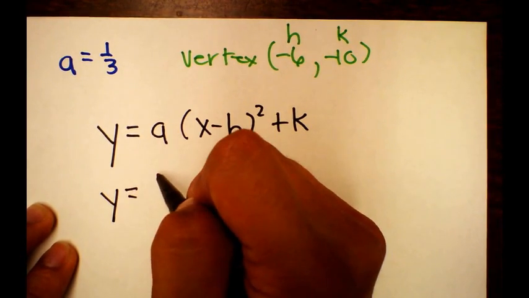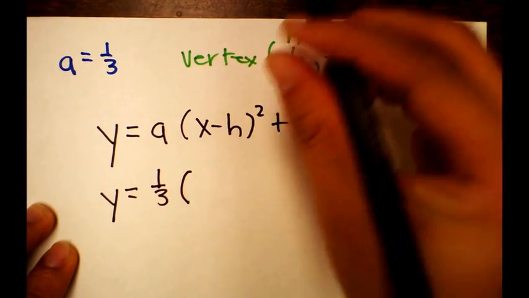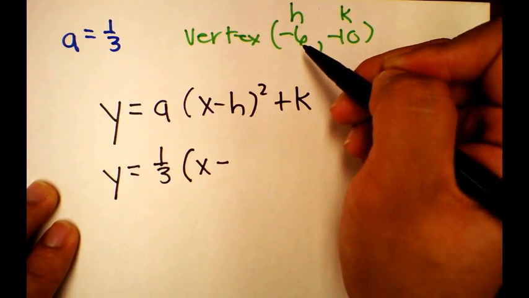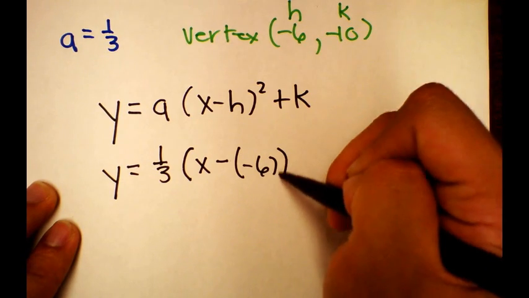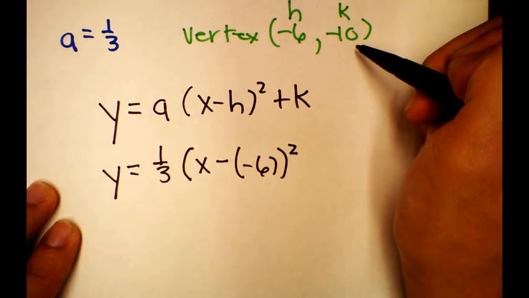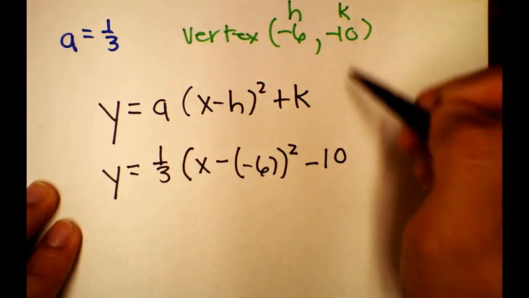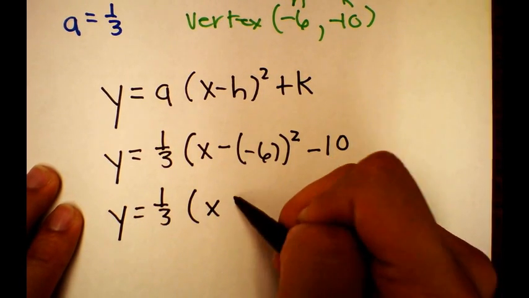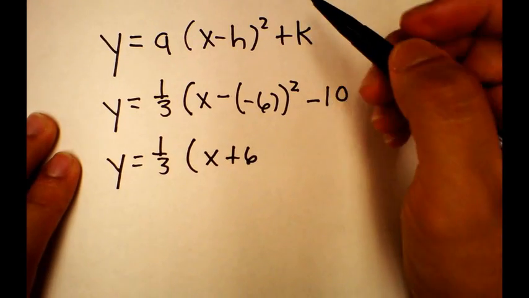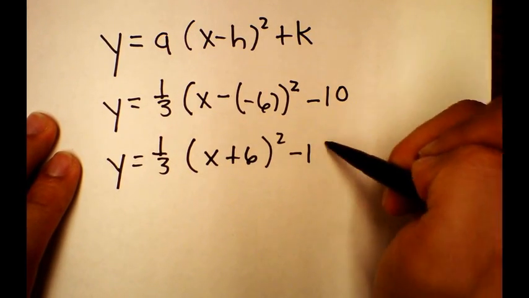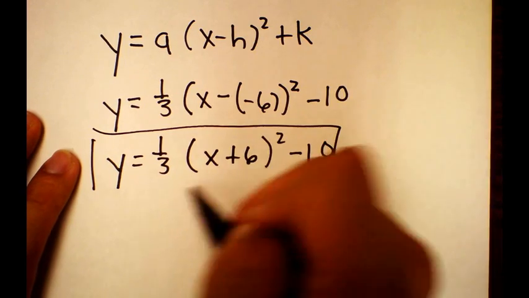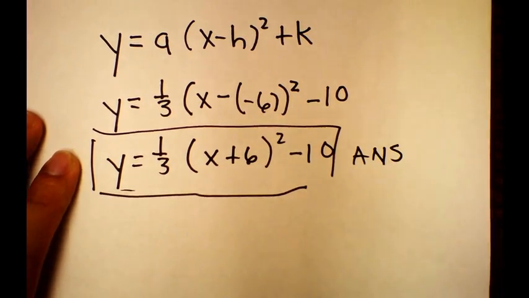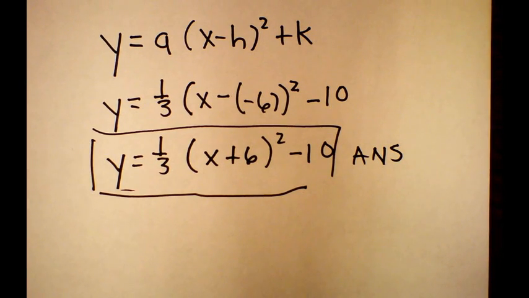So y is equal to 1/3 parentheses x minus, your h value is -6, so we're going to go -6 squared. And then your k value is -10, so this is -10. Let's just clean it up just a little bit. y is equal to 1/3 x plus 6 squared minus 10. This is your answer for example number 2.